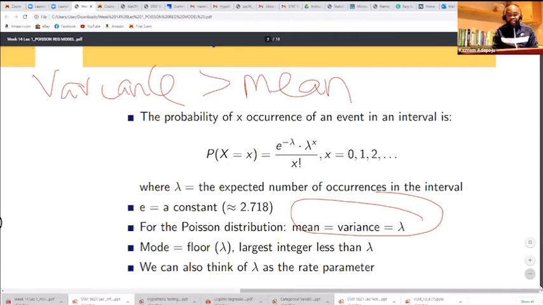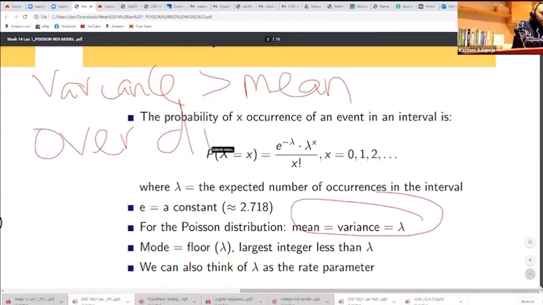I'm going to say that again. One of the assumptions of Poisson regression is that the mean and variance of the count should be equal. In a situation whereby the variance of the count data exceeds the mean of the count data, that problem is what we call over dispersion.